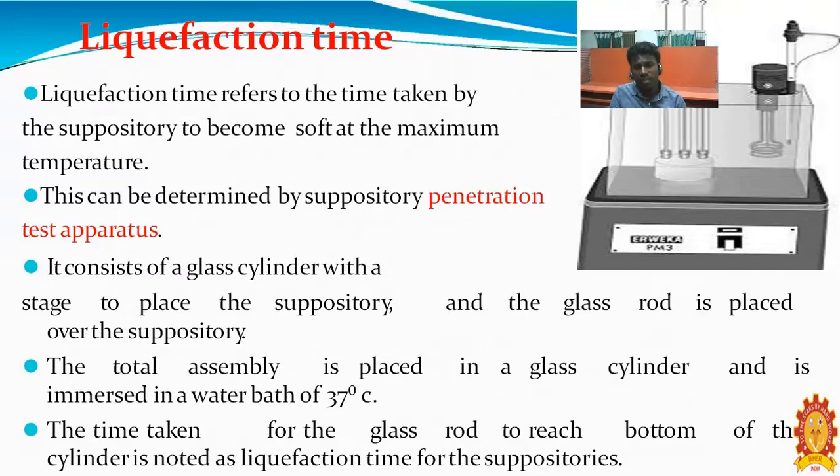It consists of a glass cylinder with a stage to place the suppository. A glass rod is placed over the suppository. The total assembly is placed in a glass cylinder and immersed in a water bath at 37 centigrade. The time taken for the glass rod to reach the bottom of the cylinder is noted as the liquefaction time of the suppository.